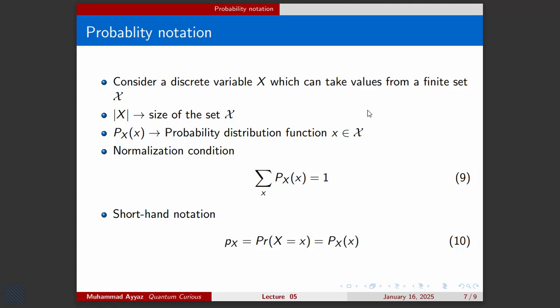And if it is clear from the context which random variable we are taking, and from which set it is taking the value, we can also use the shorthand notation, that is the small p with subscript capital X.